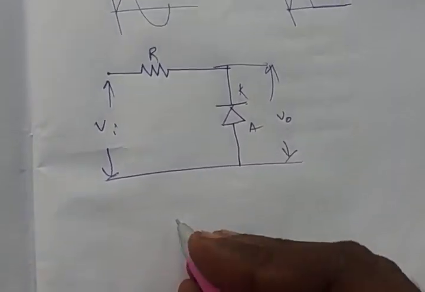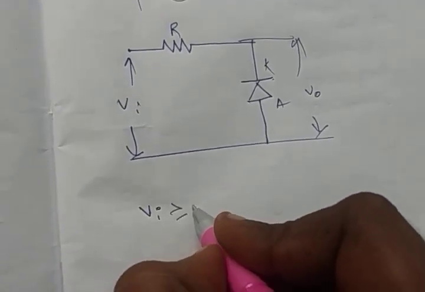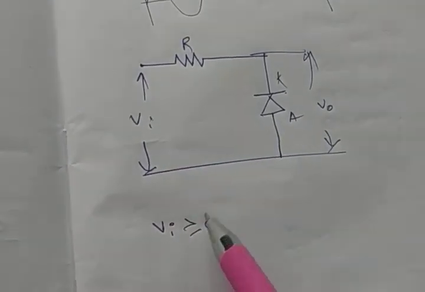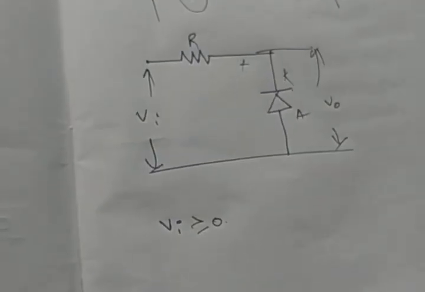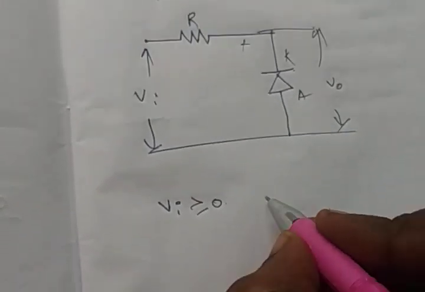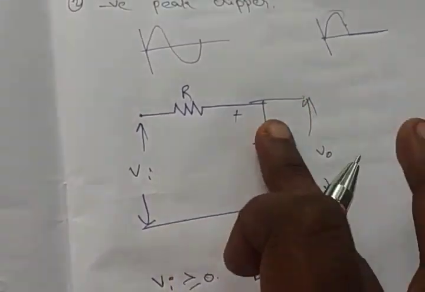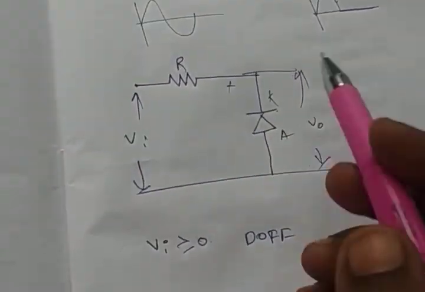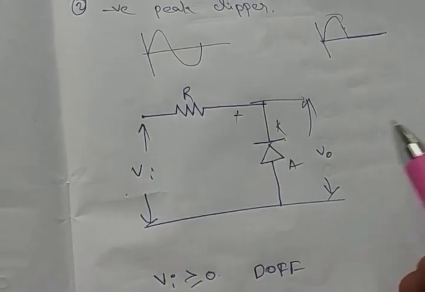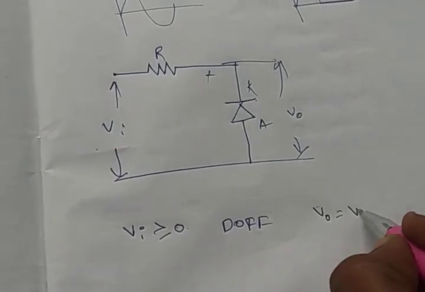Let's see the operation. For VI greater than or equal to 0, this should be positive. Positive means the diode is in off. If the diode is off, it will act as an open circuit, so whatever input we supply will be presented at the output.